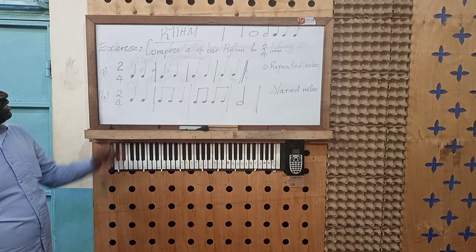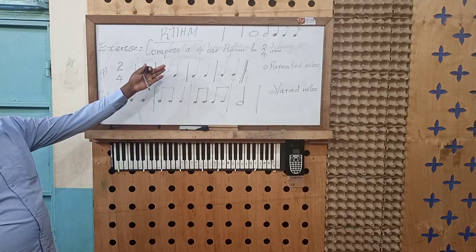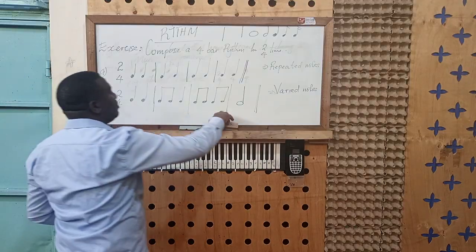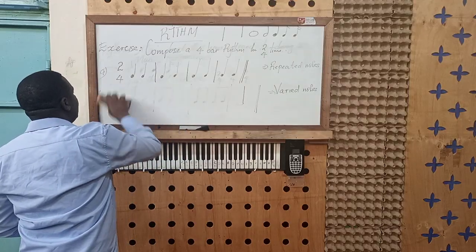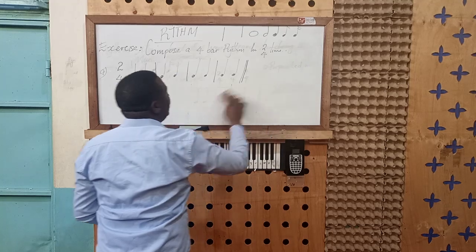So that is how we can compose a 4-bar rhythm, and I want to finish by changing something small, and then we finish. So let me do away with this and pay attention here.